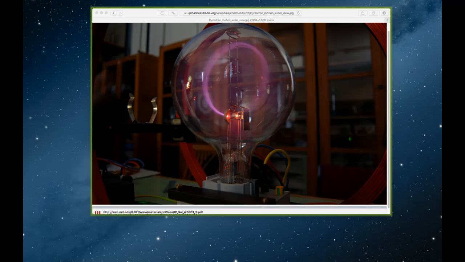I just had this picture come up recently. I wanted to show this. It's a sort of a cyclotron. They call it a cyclotron motion. And basically, it's an electron beam inside of an evacuated bulb. The difference here is that they have these large coils.